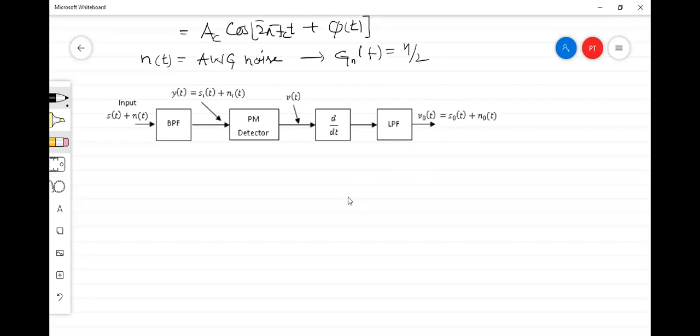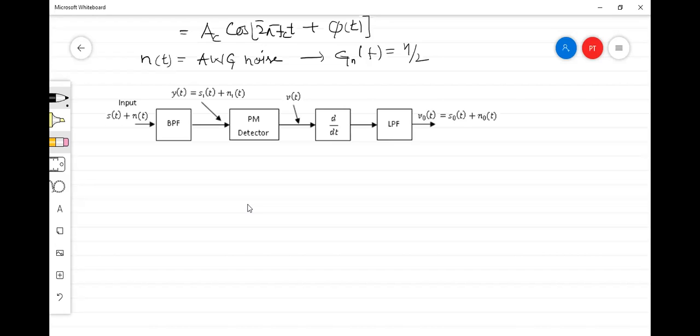Now, let me write the signal and noise after band pass filtering as usual. The output of the band pass filter is the sum of a signal component and noise component, this noise component being band pass noise.